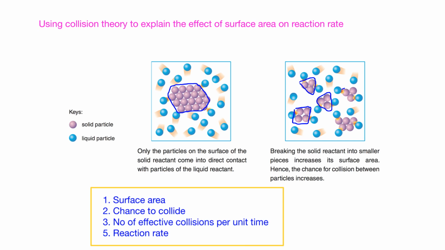The total surface area allowed for the reaction to occur will be greatly increased. Therefore, when the surface area increases, the chance to collide will also increase. With more chance to collide, the number of effective collisions per unit time will also increase. Therefore, we anticipate a higher reaction rate.